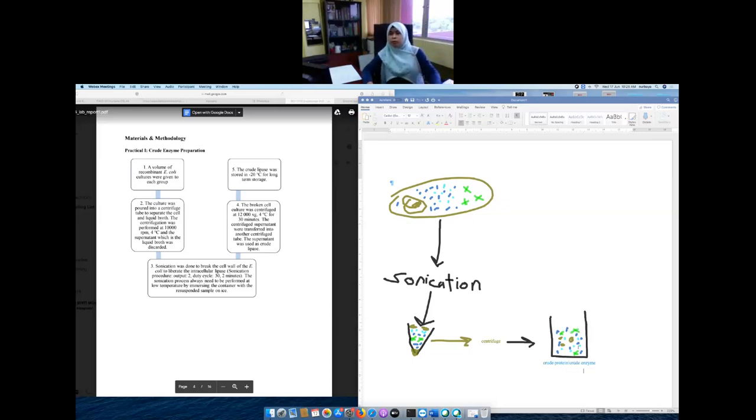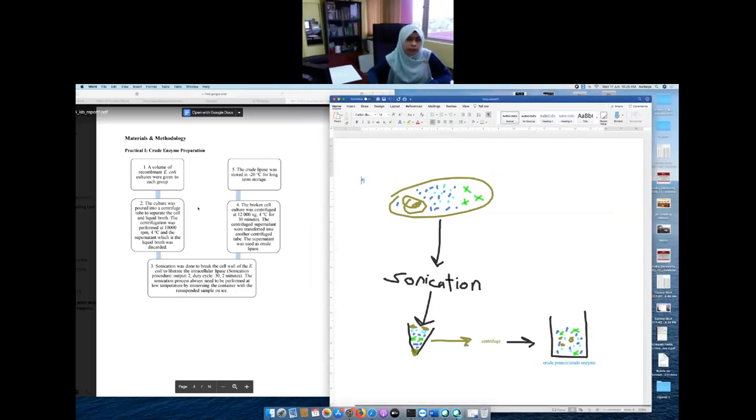So now we want to check whether our lipase here is still active or not. Whether the extraction, the sonication, the spinning, the time given, and the number of cells expressing it are sufficient to give us some activity of this active enzyme. So from here, we do the lipase assay.